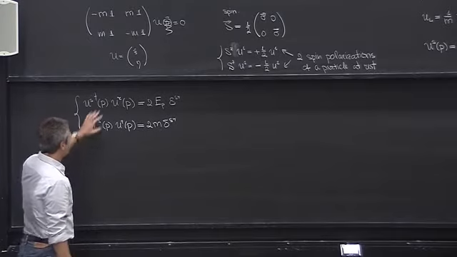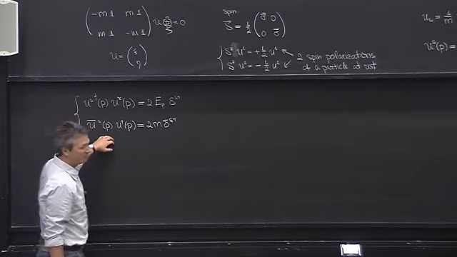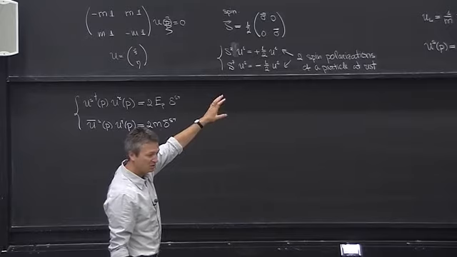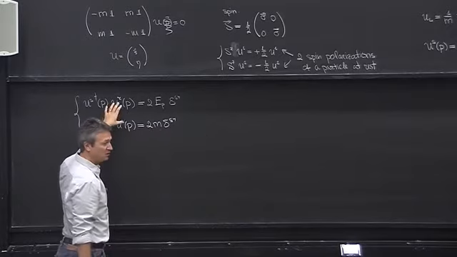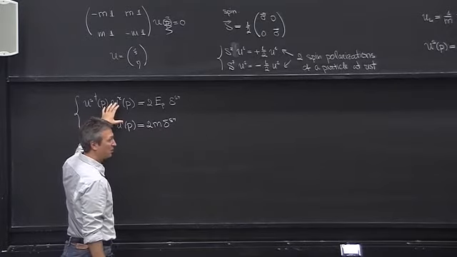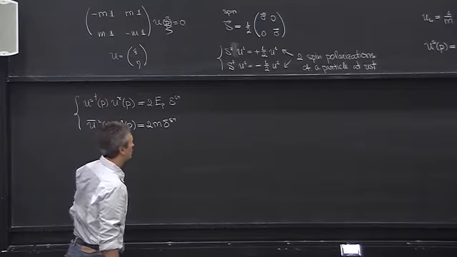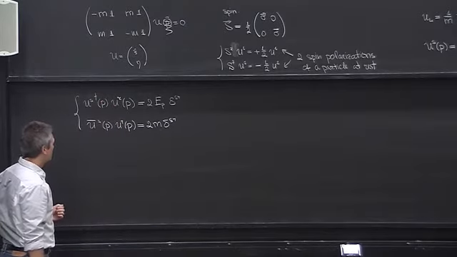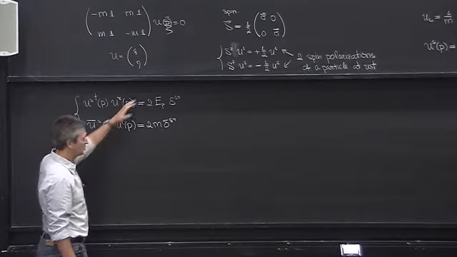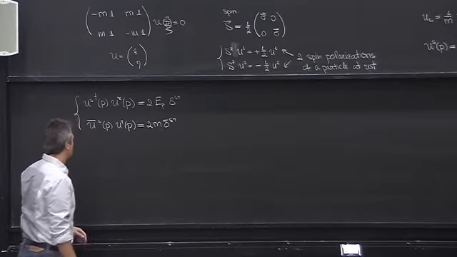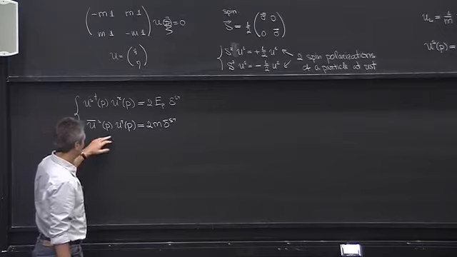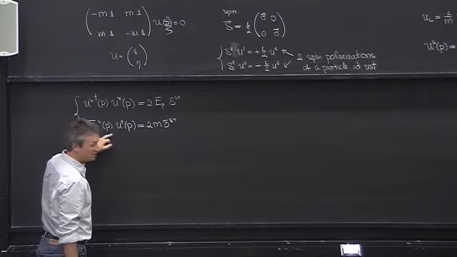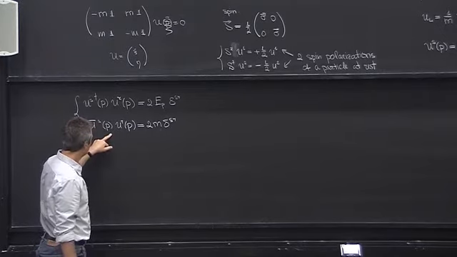So these formulas can be derived in a very direct way. You just plug in the explicit solution and take the product of two vectors. But there is an indirect argument which shows that they should be like that. For instance, in this formula, we know that the left-hand side is a scalar.